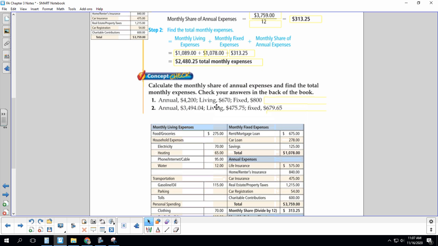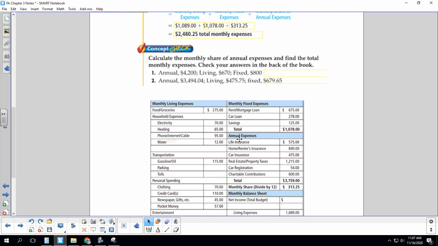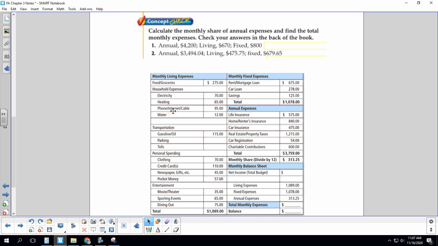So we're going to do those same calculations, but they are actually just given to us in a little bit better, easier to see format. It's important to note that all these items here on the left are monthly living expenses. They can vary from month to month depending upon what you got going on.